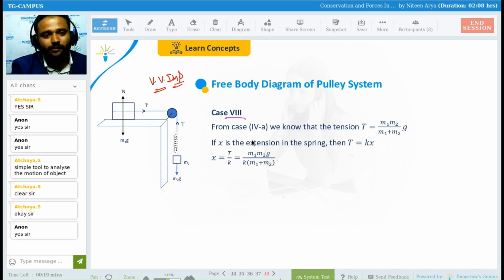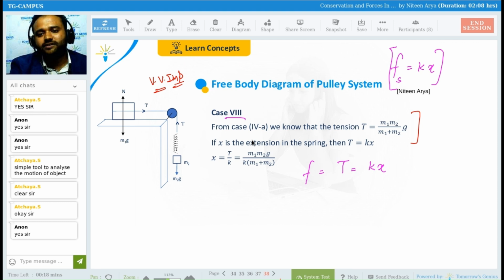From the 4A case, we know that tension T in this kind of scenario is M1 M2 G divided by M1 plus M2. And the tension force in the spring is Kx. There is a spring force Kx. In general there is a negative sign, but right now we are not considering the sign.